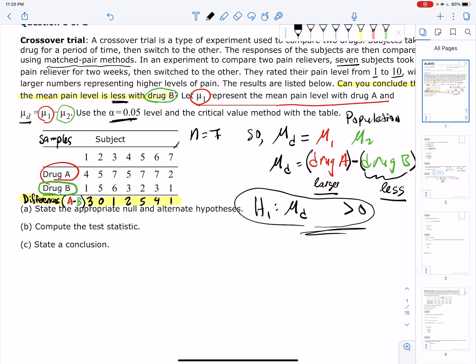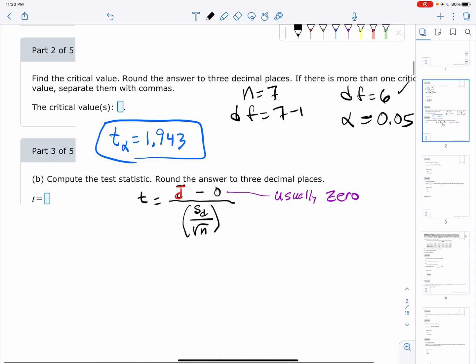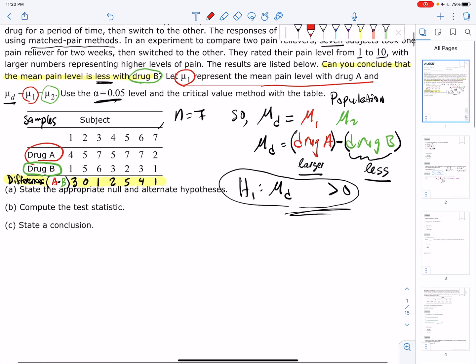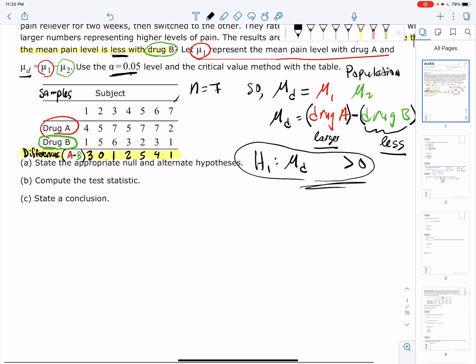Remember that piece I needed to get my test statistic? There it is in red: d bar. Okay, let's find that. If you remember back in chapter 3, the sample mean is just adding up all those values and dividing by the total number of values, and it's the same thing with d bar.